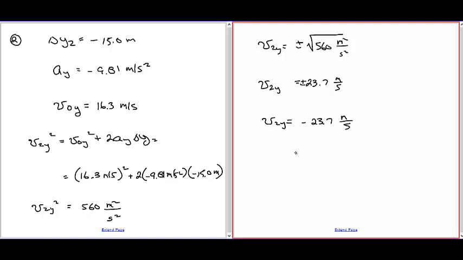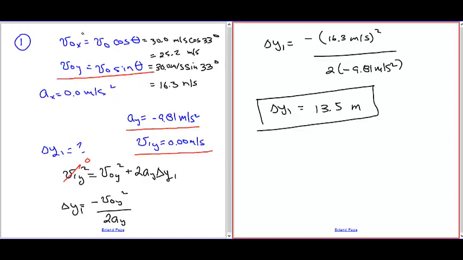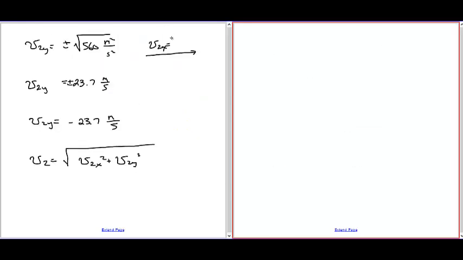So our total velocity, v2, is equal to the square root of v2x squared plus v2y squared. So what's happening here is you have this x component, v2x, which is the same as the original x component, 25.2, because it doesn't change.